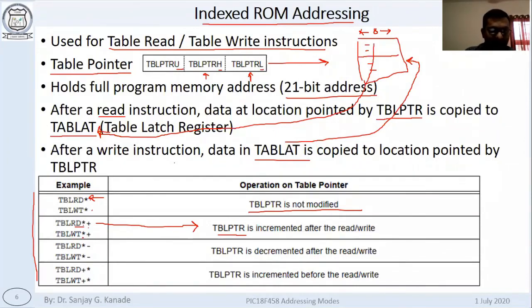If it is TBLWT*+, then it will write as discussed here, and then increment the pointer. This is called post-incrementing: the operation, and then incrementing. Similarly here, the reading or writing operation, then decrementing the pointer.